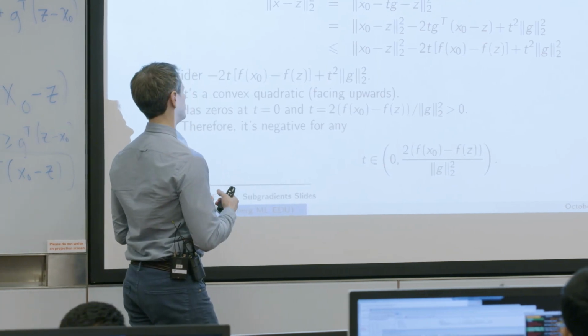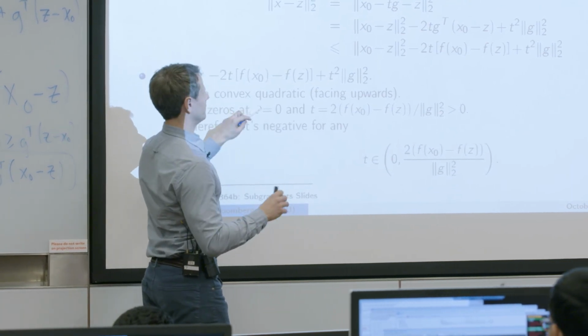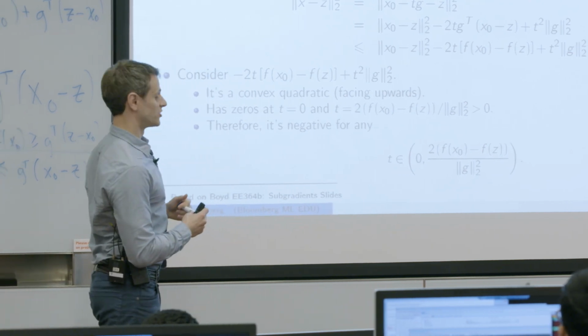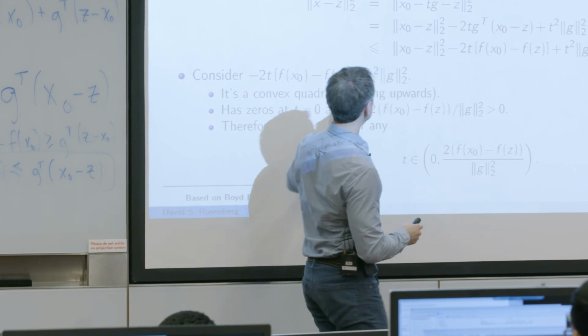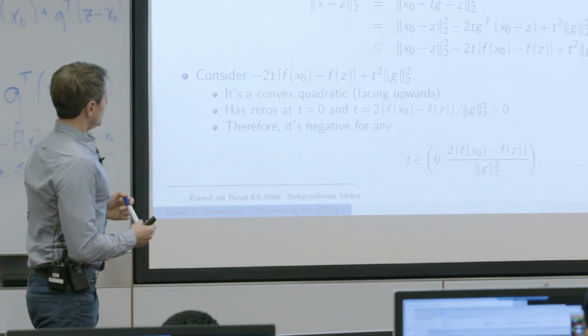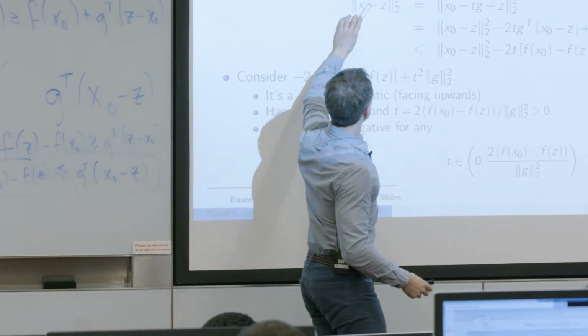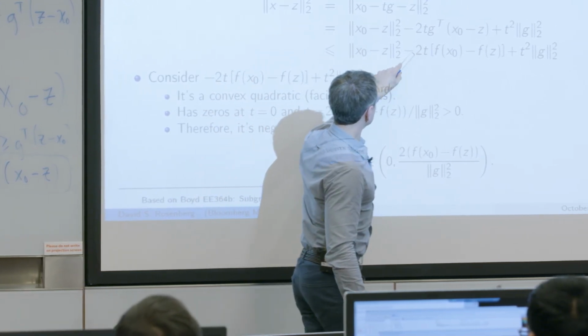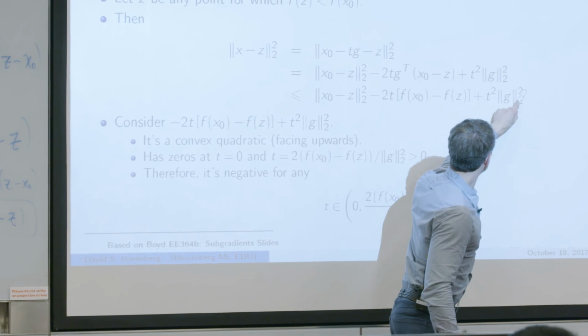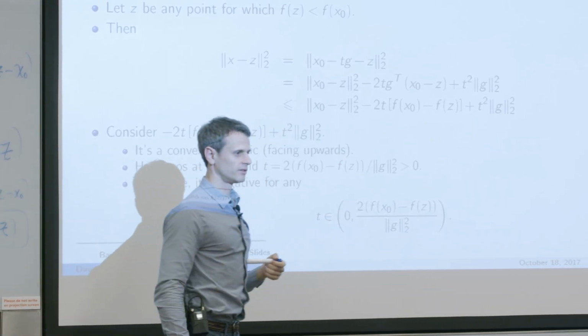Sorry, I jumped ahead. I was going for the best possible step. But all we need is, what do you want to happen? We want this to be smaller than this, which means this whole expression must be negative, right?